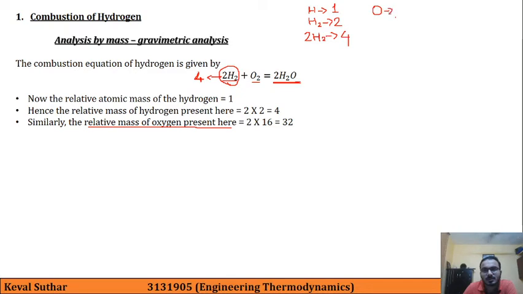Oxygen atom has an atomic weight of 16, and for O2 it will be 32. So this is the value 4, and this weight O2 will be, as I have already mentioned, 32. So summation of this will ultimately give us for 2H2O, that is 36.